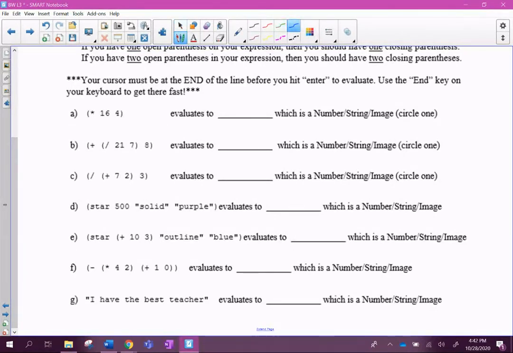All right, letter A, 16 times 4 gives us 64, and this is a number. Letter B, we're adding 21 divided by 7 and 8. So that gives us 11, which is also a number.